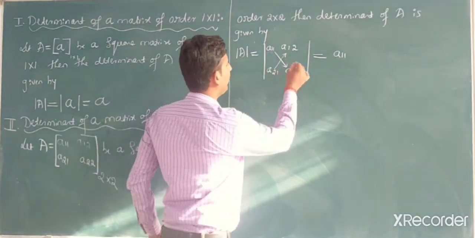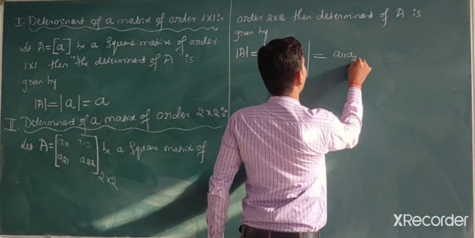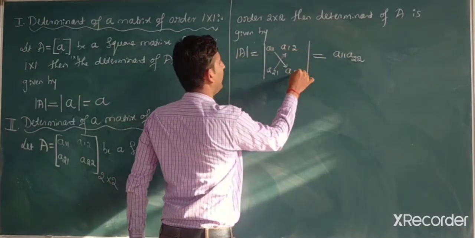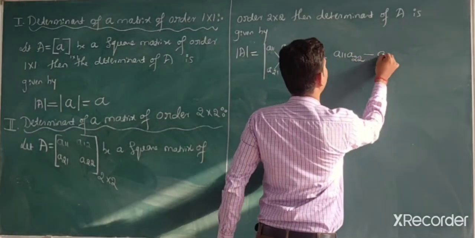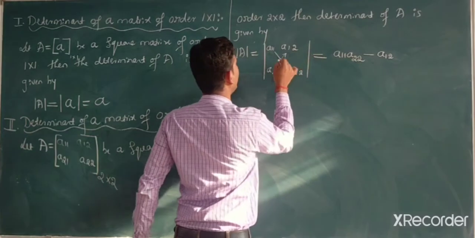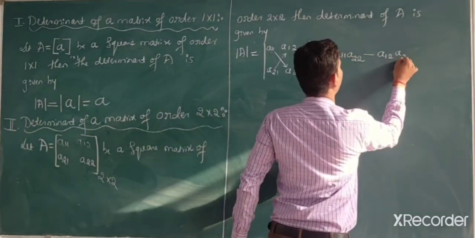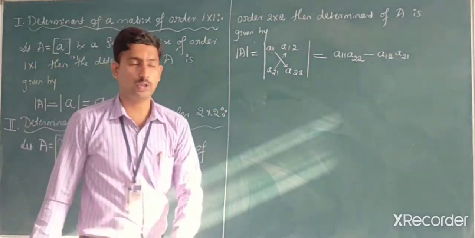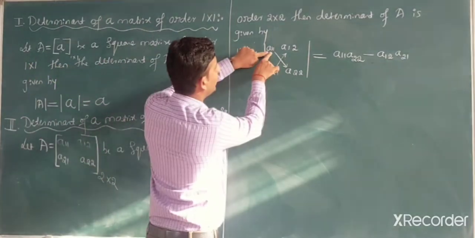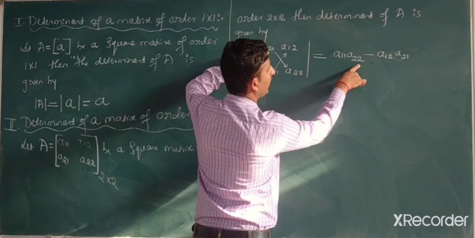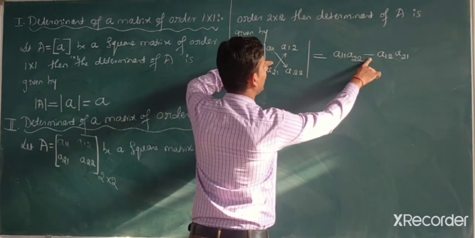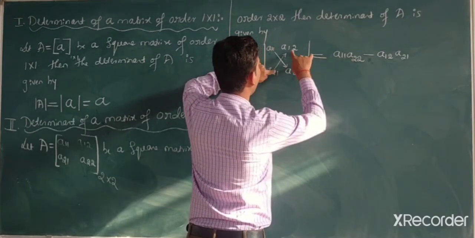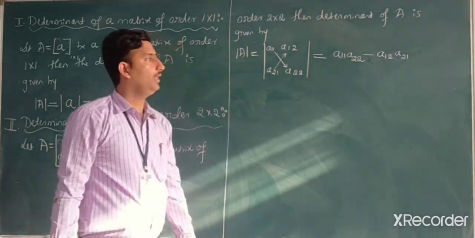I will write here A11, after that A22, A11 A22. After that, minus A12, A21. Correct? Multiplication is possible. How to multiply? A11 A22, minus, as the formula says, A12 A21.